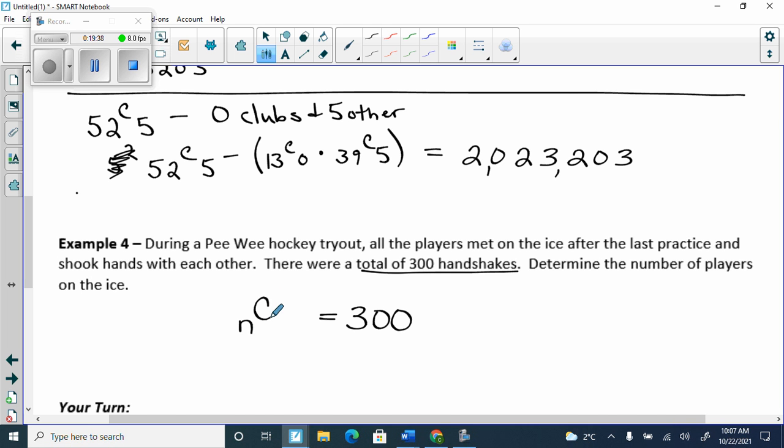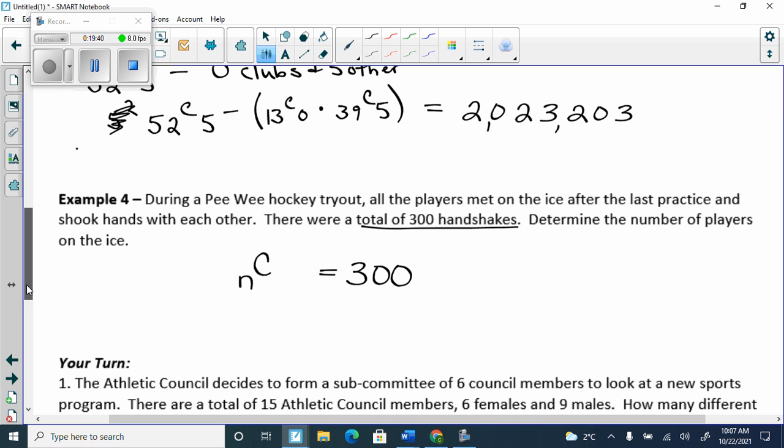So I had to have given you the R somehow. R is how many are chosen at once, right? Like we had to have a 5-person subcommittee. We had to have 5-card hands. Here we're having handshakes. How many people are shaking hands at once? 2. 3 is real awkward. 4, stop it. During COVID, none are shaking hands.